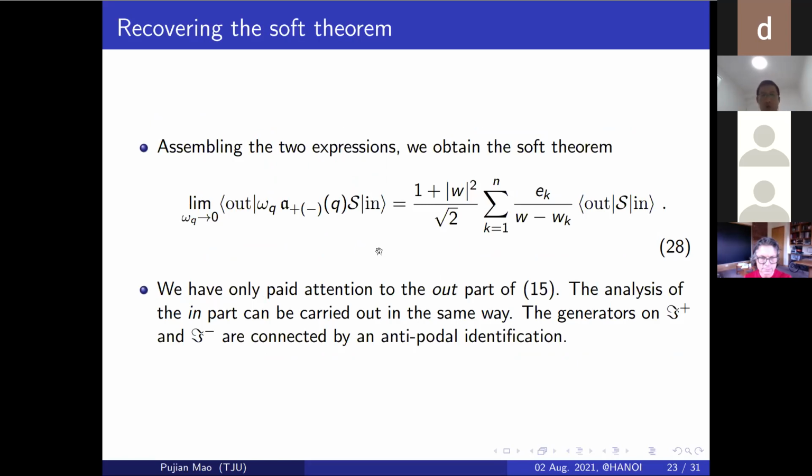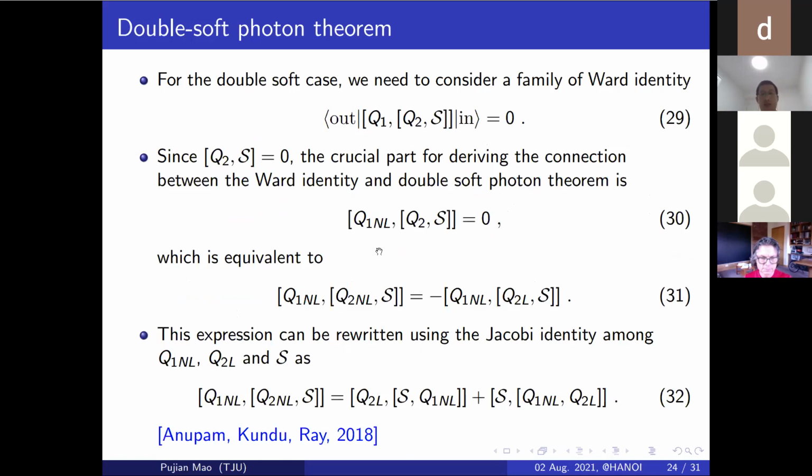Once we have that, the next step is the double case. Clearly, to recover the double soft photon theorem we need a nested Ward identity in this way.